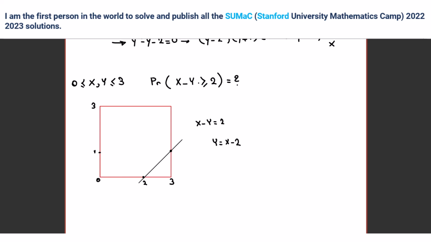Then it says x minus y should be greater than or equal to 2, so y should be less than or equal to x minus 2. We should consider below this line or on this line. Below. So the answer is what?